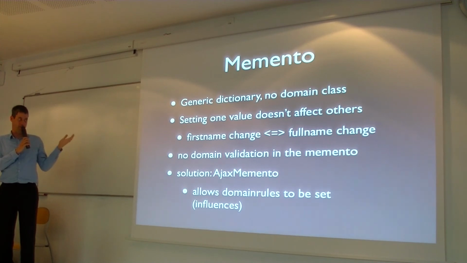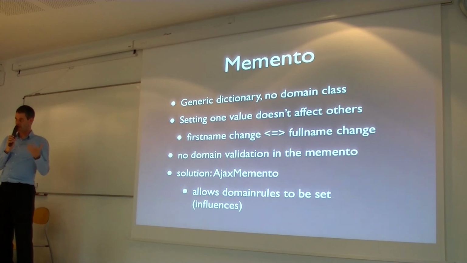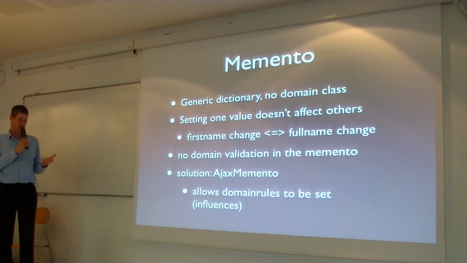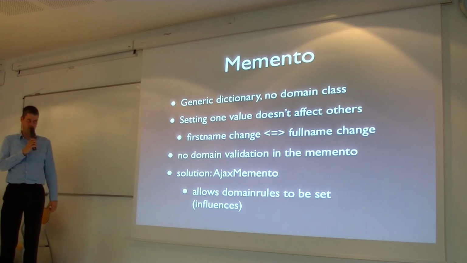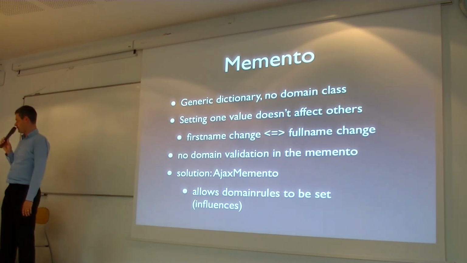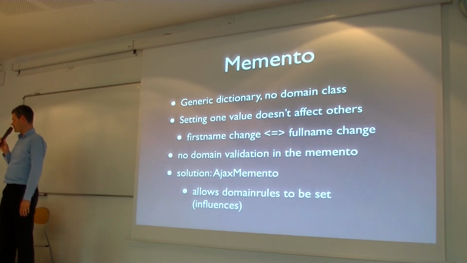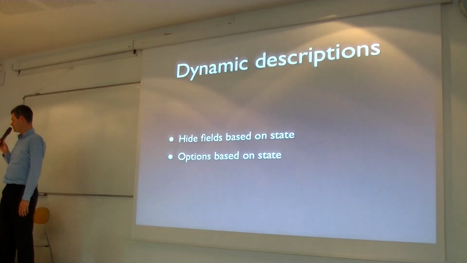So the domain validation actually doesn't take place in the Memento. It only takes place when you press the save button, and then it uses the description to validate the values in the Memento, so it doesn't ask the Memento to validate. So our solution is to introduce an Ajax Memento which allows for domain rules.